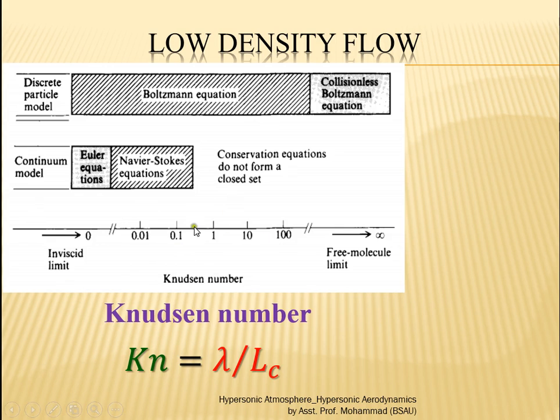However, the slip conditions start taking place for Knudsen numbers as low as 0.03. It is interesting, isn't it, that in the case of compressibility also we saw that even if the flow is subsonic, if the Mach number is 0.3, the flow becomes compressible.